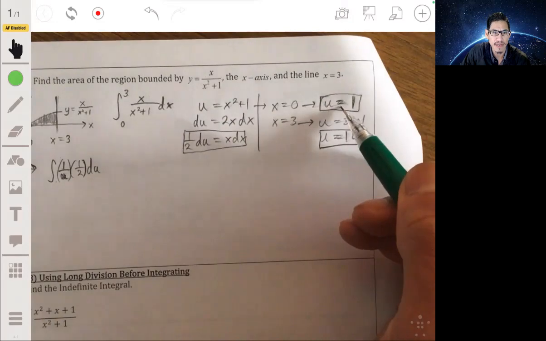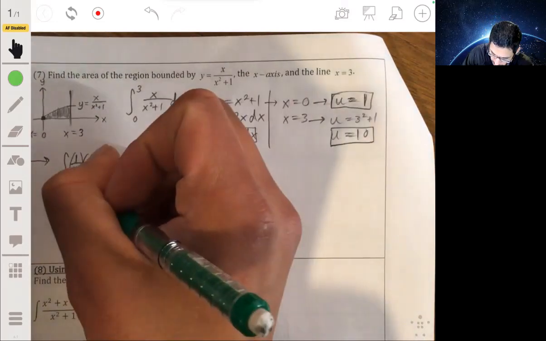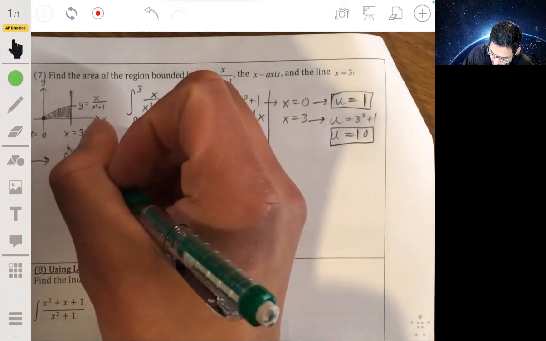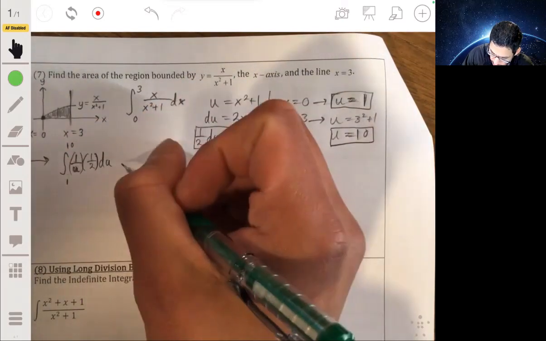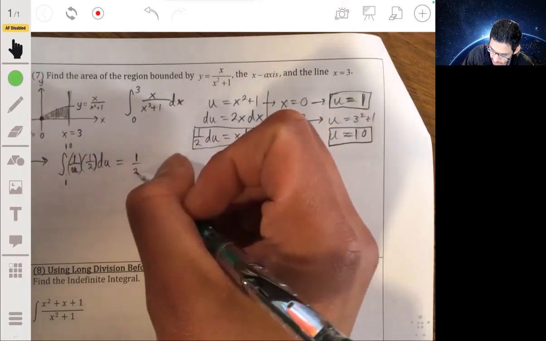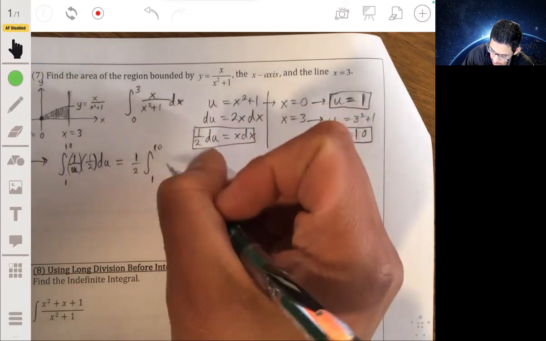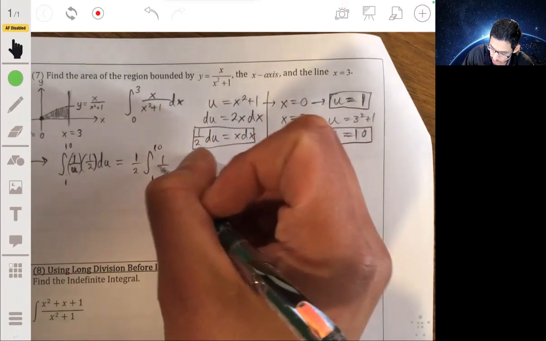So now we rewrite our endpoints as 1 and 10 instead of 0 and 3. So we can put the endpoints here, 1 and 10. Let's factor out that 1/2. So we've got 1/2 times the integral from 1 to 10 of 1 over u du.